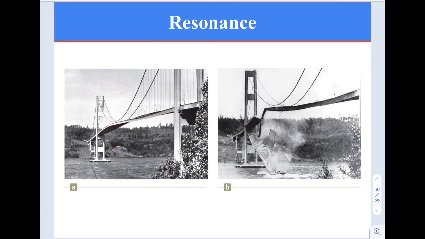So if you see here, firstly it's kind of swinging, and eventually the natural frequency is reached by the force coming from the wind, and consequently the bridge collapses. The bridge vibrates and reaches its maximum amplitude, which causes a part of it to break. That is all for resonance and also for this topic.